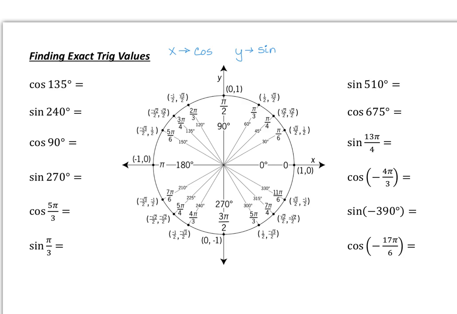So for example, cosine of 135, I'm going to find where the 135 angle is on the unit circle. I'm going to look at these x and y values. Cosine is the x value. And so I am going to isolate the x value there, and that is straight up the answer to cosine of 135.